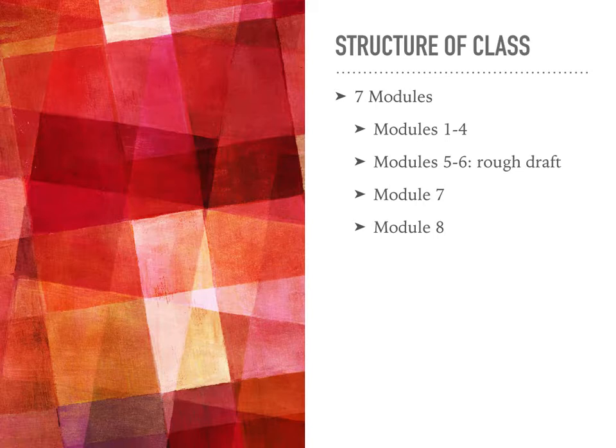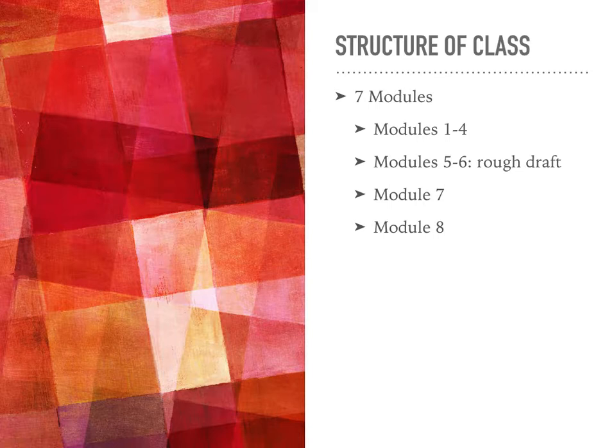So modules 1 through 4 basically will cover chapters 1 through 4 in the textbook. Then in modules 5 and 6, we have a rough draft. The big assignment in this class is you're actually going to develop a curriculum for PE. I want to make this practical for you, so if you're a PE teacher, do this for your own school.